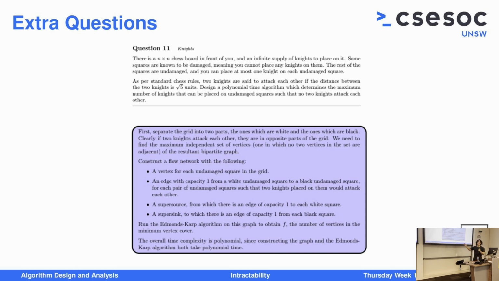This also gives you, I hope you know, the number of vertices in the minimum vertex cover, and the overall time complexity is polynomial, since constructing the graph and the Edmonds-Karp algorithm both take polynomial time. Precisely how much time it takes, if I have an n by n chessboard, there will be n squared vertices.